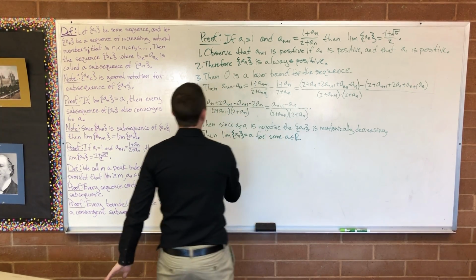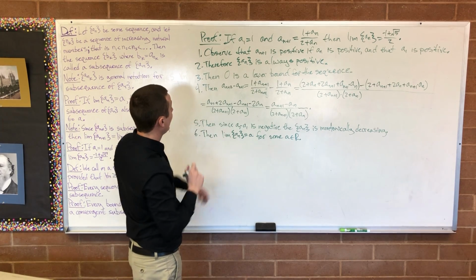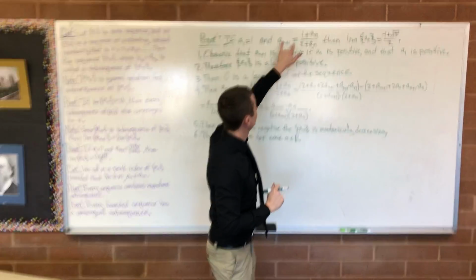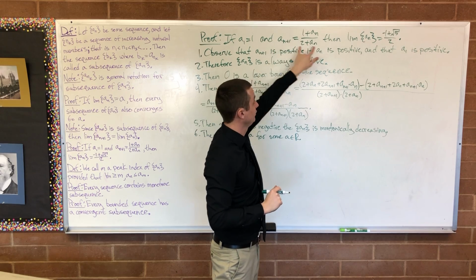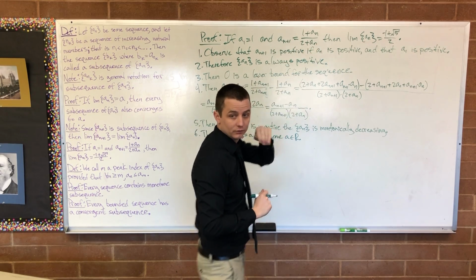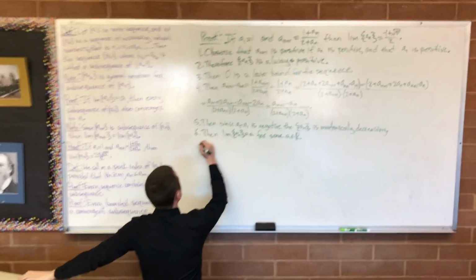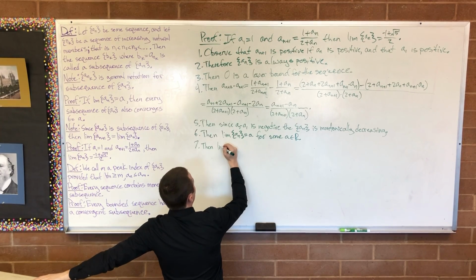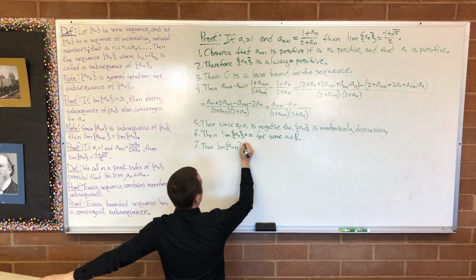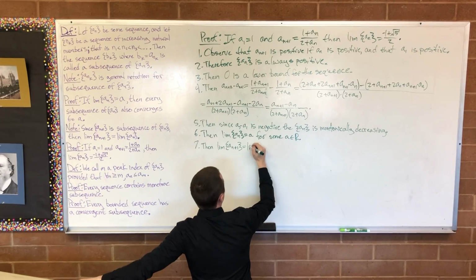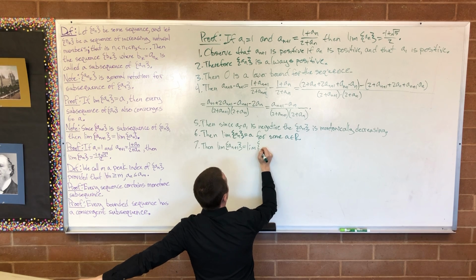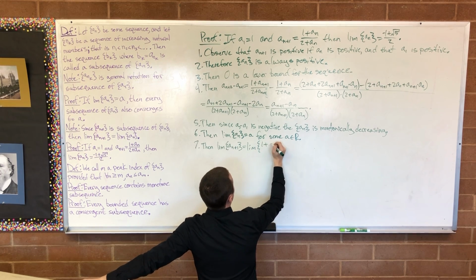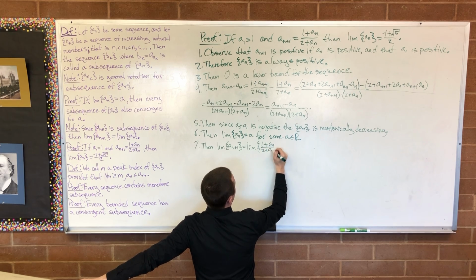Since this is equal to this, the limit of this is equal to the limit of this. Then the limit of a sub n plus 1 is equal to the limit of 1 plus a sub n over 2 plus a sub n.